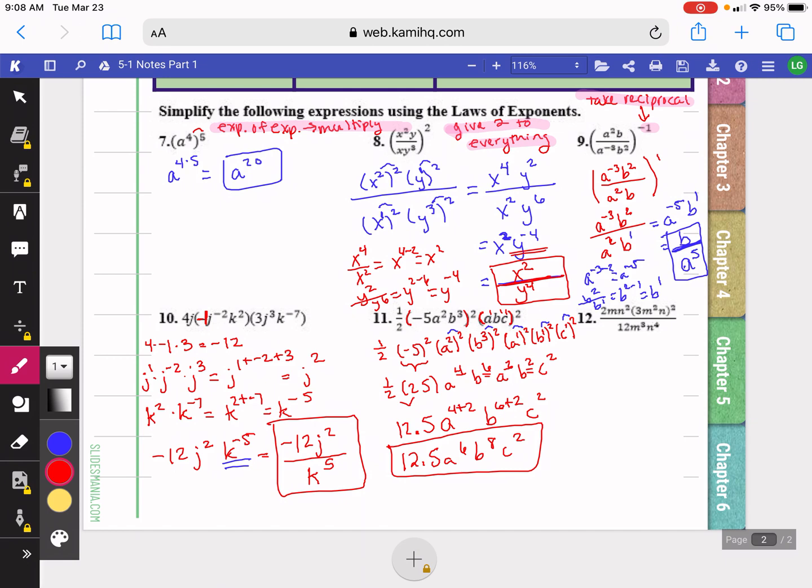Now on the last problem, this is just going to combine everything together. I have a power on top, so up here I'm going to have to give that 2 to everything in that parentheses. So I'm going to give the 3 the 2, m squared the 2, and to the imaginary 1 the 2.